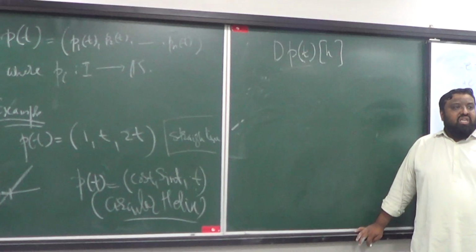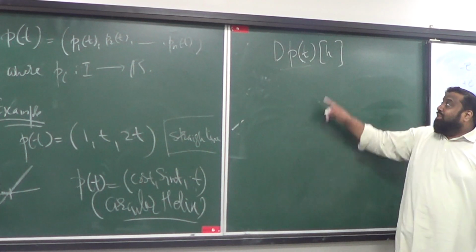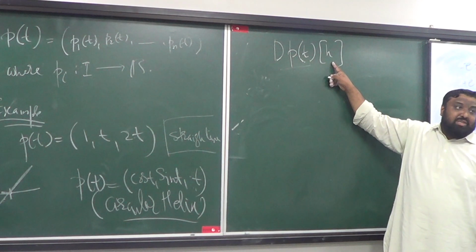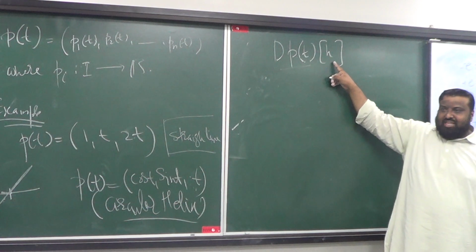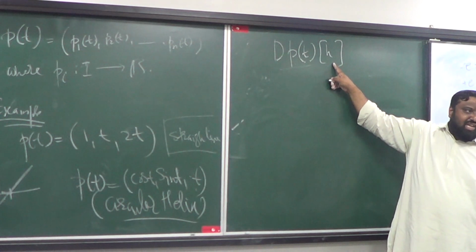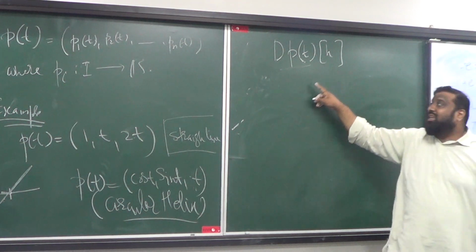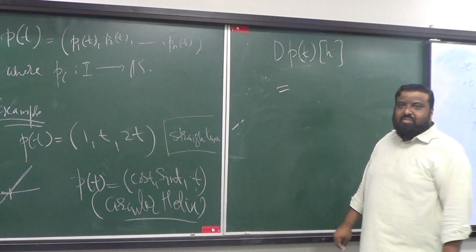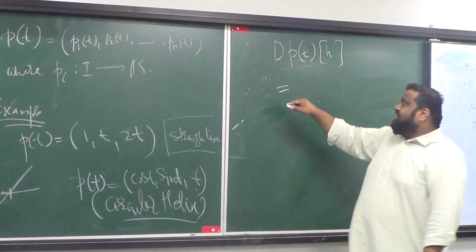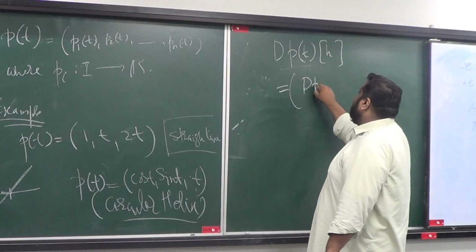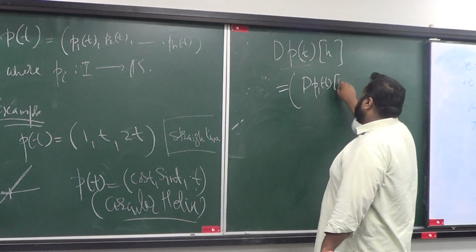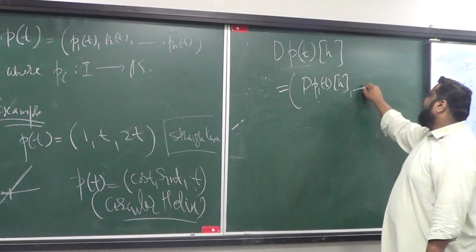So if it is a map from R to Rn, here h is not a vector, that's a number. You always need to realize what we are talking about. So if you want to compute it, how can I compute it? Just compute the Frechet derivative of each component and evaluate it at h.